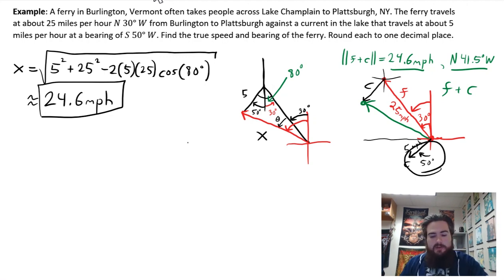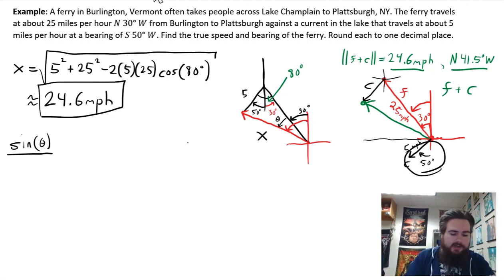Since I'm simply looking for the angle measure inside that triangle, and I now have enough information for a side length and an angle measure across, I can find out that value of theta using the law of sines. So, the way that would look, sine of theta divided by the side length across from our angle measure theta I'm trying to solve, which is 5. I'll set that equal to the ratio of sine of 80 degrees because we now know that this is across from the side length of 24.6.